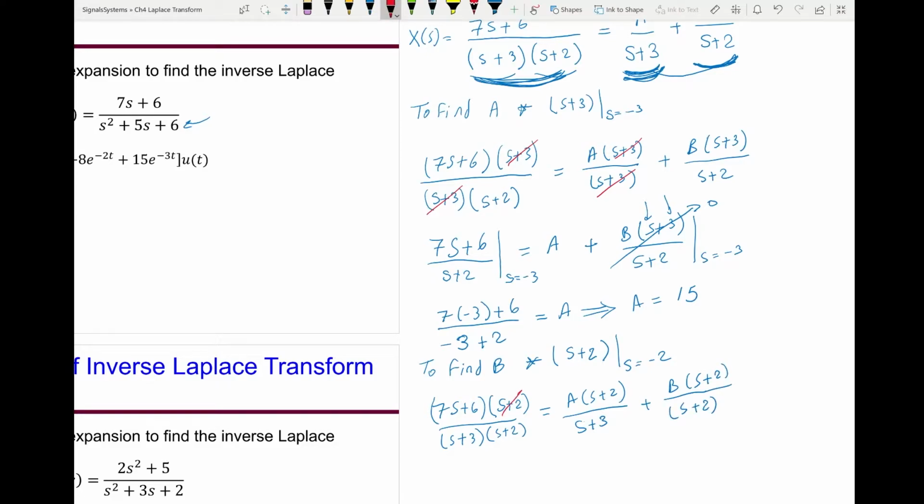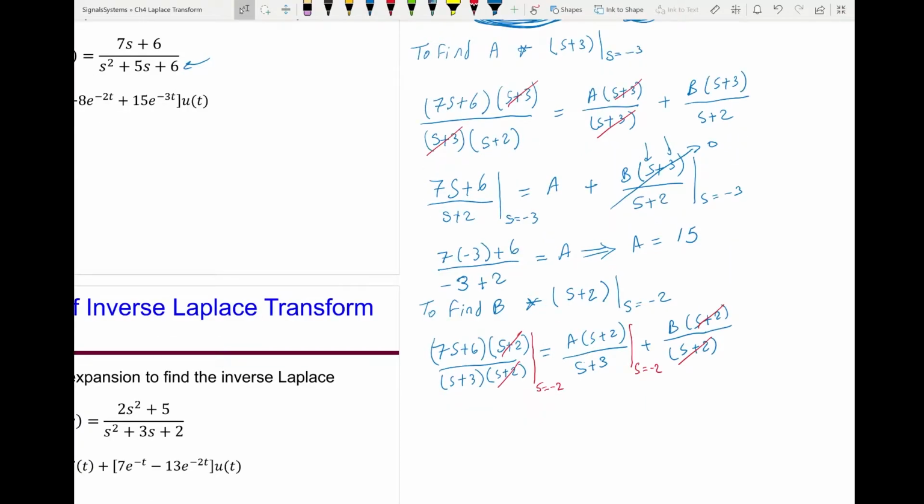Now this cancels this, and if I set s equal to minus 2, I get 7 times minus 2 plus 6 over minus 2 plus 3 equals b. Here, minus 2 plus 2 is 0, so that term is 0, and I have only b. From here b equals minus 8 over 1, so b equals minus 8.